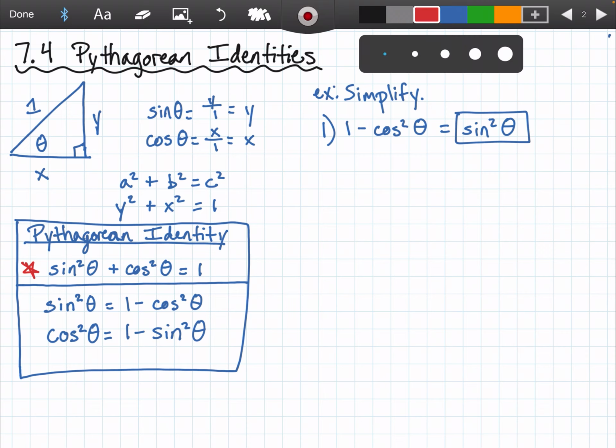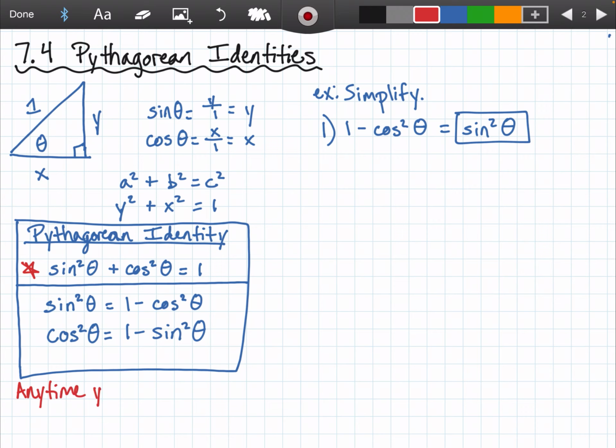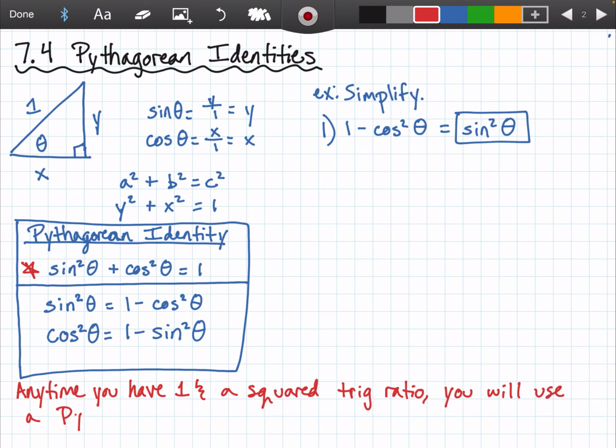And just as a little pro tip for you, anytime you have 1 and a squared trig ratio, you will use a Pythagorean identity.